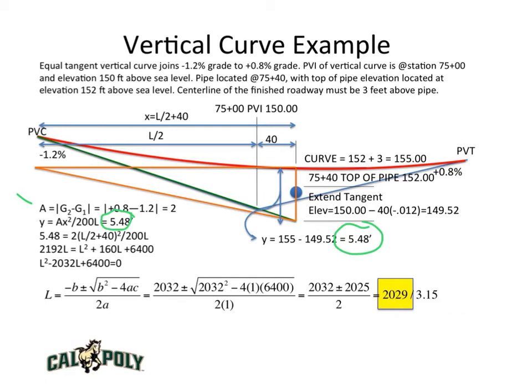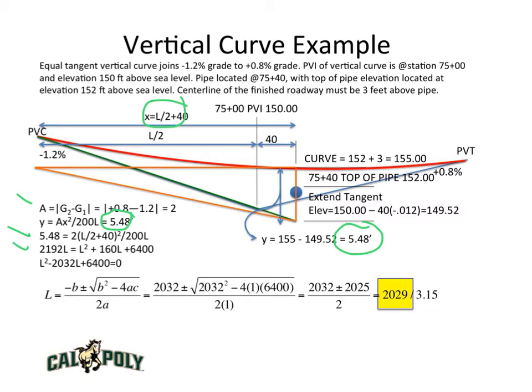So we can set that equal to A x squared over 200L, and we can start inserting the elements that we know. And we know in this case that x is L over 2 plus 40 from before, and so that is squared multiplied by 2 divided by 200L, and that's this line.